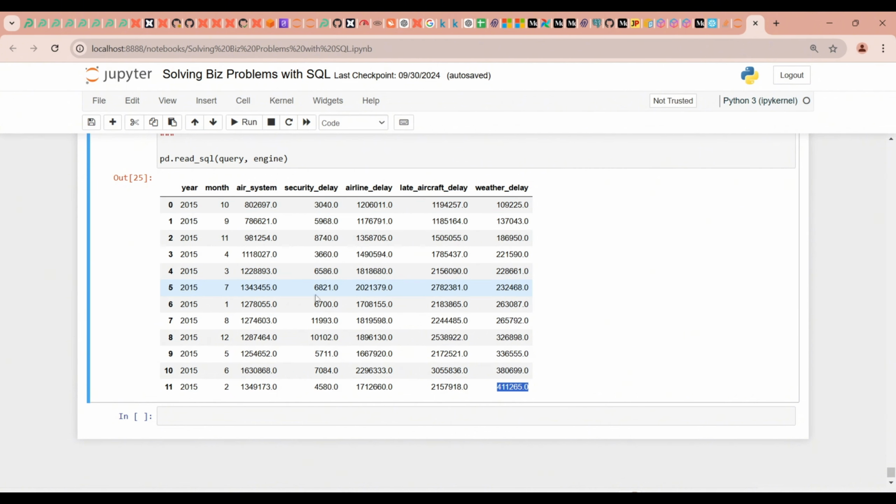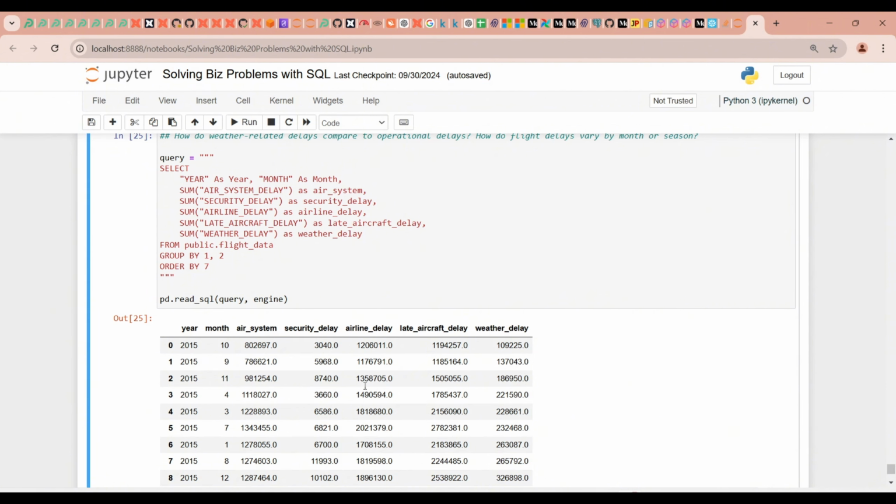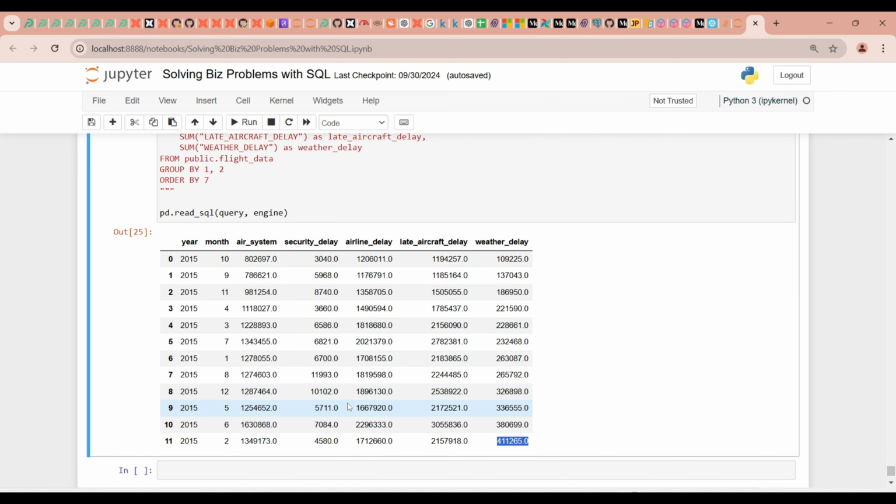But if you look at other delays, in this last record, late aircraft delay is about 2.1 million. I mean, this is a sum rather than a count. 2.9 million seconds in total for that particular year and month.